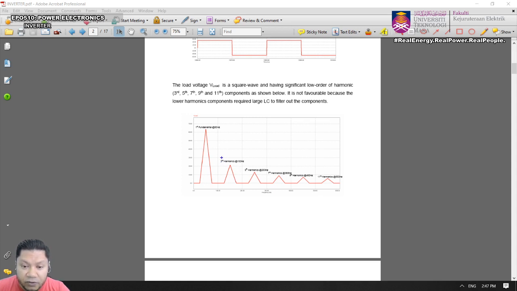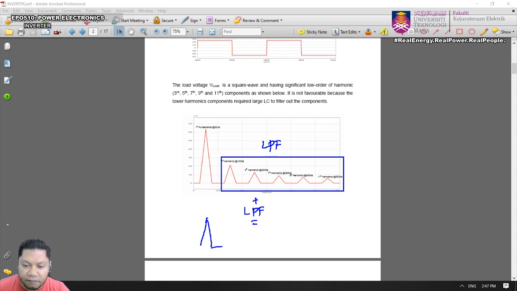Remember, if you're able to remove this by using a low pass filter, then your output will consist of only the fundamental, isn't it? So for the fundamental, you're going to see a sinusoidal waveform.